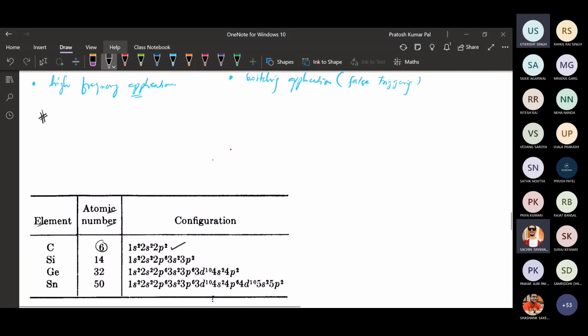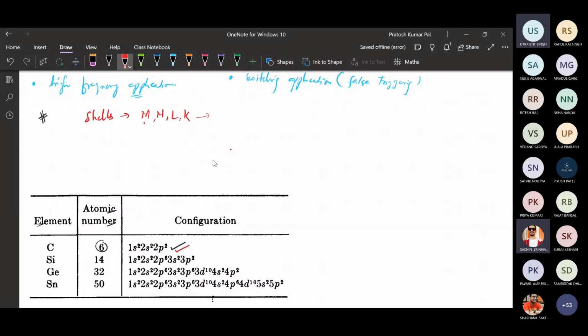We represent an element with its atomic number with different levels of energy, and that is written as different energy shells. So you might have gone through different energy shells.